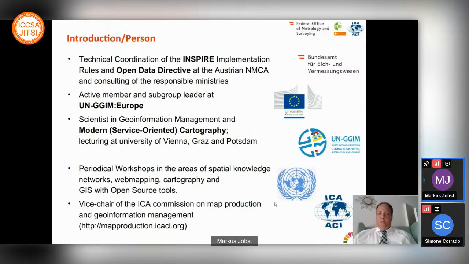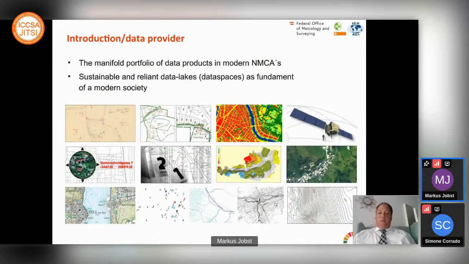But with my colleague, who is an academic in regional planning, we have done a quite pragmatic example. So today's data products and the portfolio of national mapping and cadastral agencies and the statistical agencies is a quite manifold portfolio. And we have seen point clouds in the previous talk, which is a very specific data set.